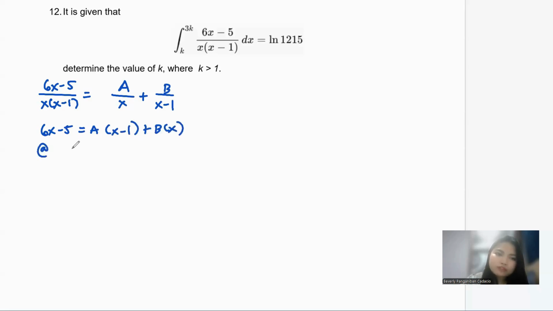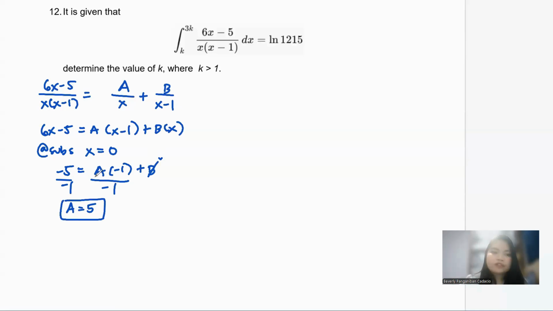I'm going to substitute my x, which makes the b term zero, so x is 0. Okay, so putting that in, 6 times 0 will be 0, negative 5 on the left side. The a will be 0 minus 1, negative 1, and your b will be just 0. Therefore, divide both sides by negative 1, so your a will be equal to positive 5.